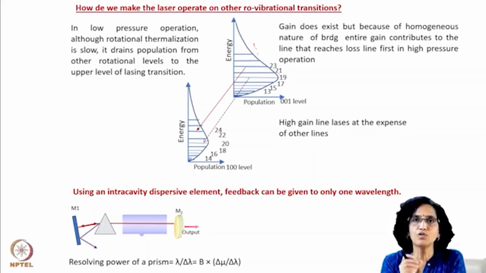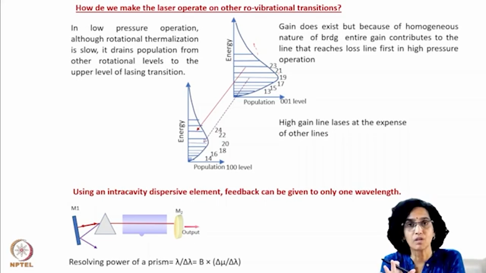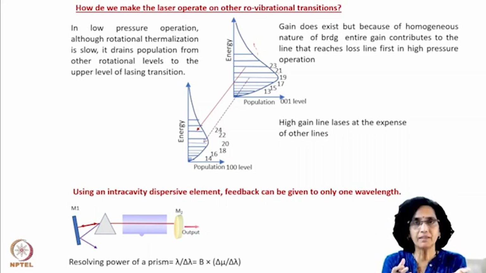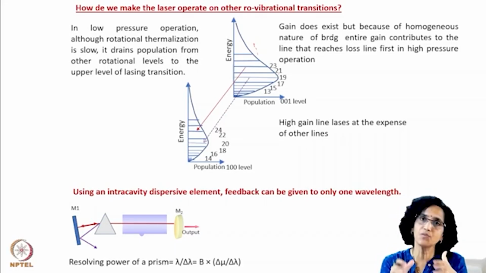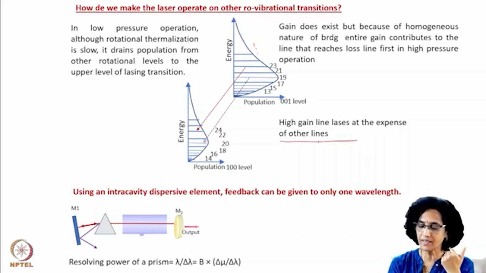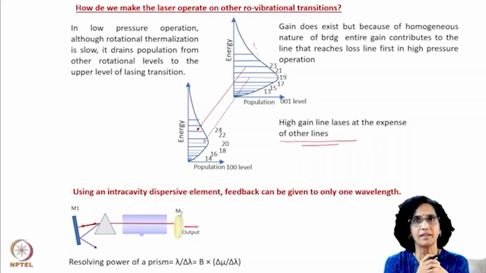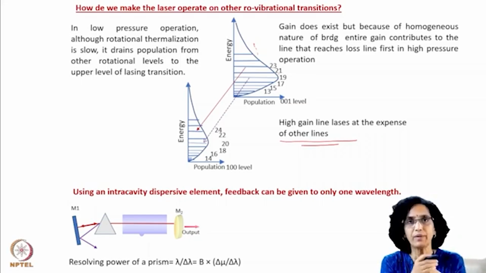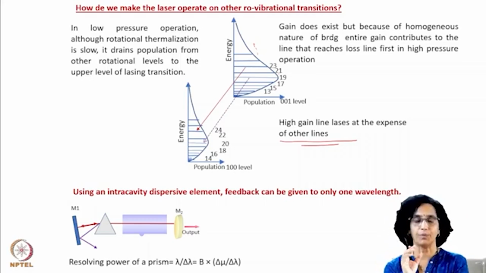So how do we stop the high gain line from lasing, and how do we bring about lasing of some other lines which otherwise would not lase by themselves? That is because the high gain lines are lasing at the expense of the other lines. But we do not want 10P20, we want 10P22. So what do we do about it?